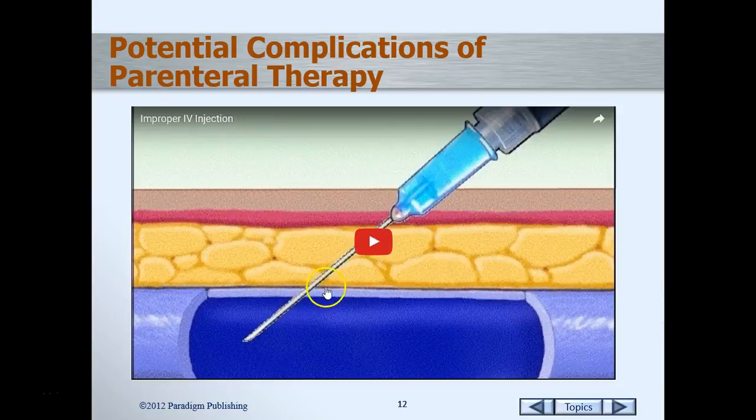All right, let's talk a little bit about some potential complications of parenteral therapy. Now, this video doesn't have any dialogue, and it's got some watermarks on it, but it gives the idea. In the previous chapter, I said that I would talk about extravasation and infiltration and tissuing and cellulitis a little bit more, and that's what this video illustrates.